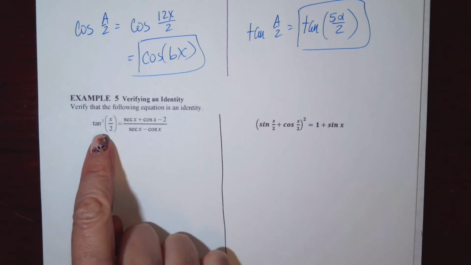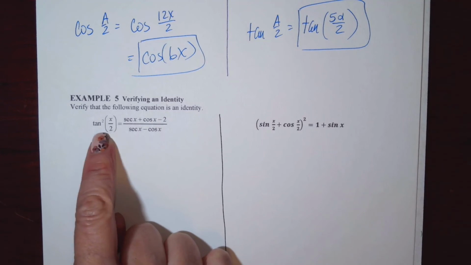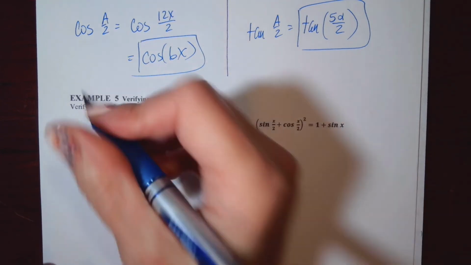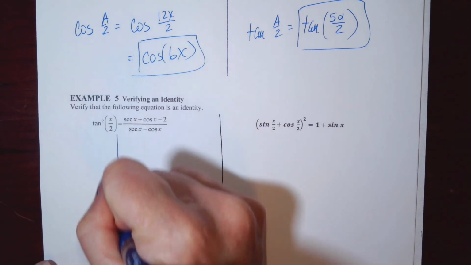I see I've got tangent of a half angle squared, which is not the same thing as the tangent of the half angle exactly, right? Tangent of the half angle, I've got 3 options here. Since I have 3 options, I don't know which one to start with. So I'm not going to start with this left side. I'm definitely going to start with the right side, which looks more complex.